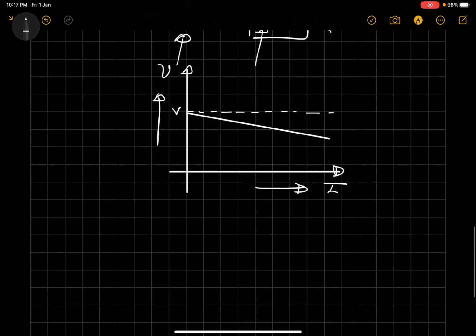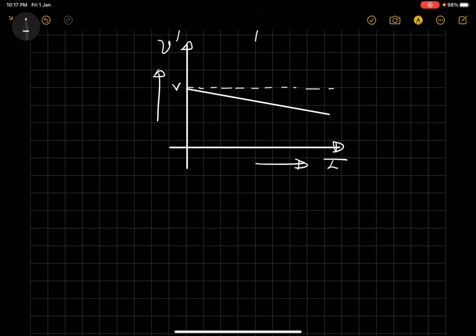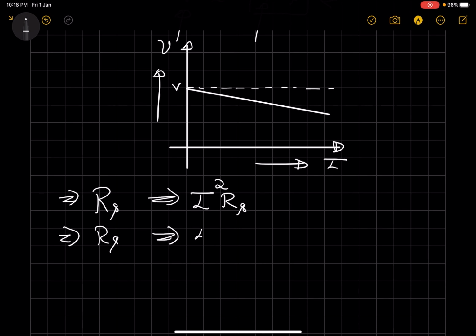To summarize, the main culprit behind the batteries heating up is the internal resistance Rs, and the power dissipated is nothing but the current through the load, I square, times the Rs. And this Rs also contributes to a voltage drop I into Rs, and therefore the total net voltage that will be available for the load will be E minus I into Rs.